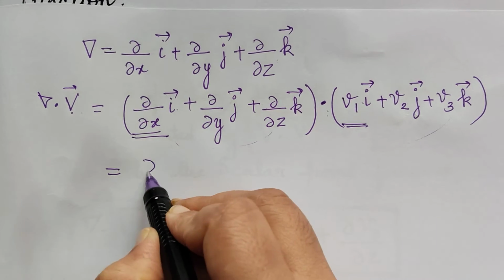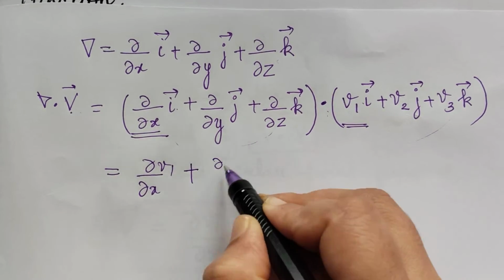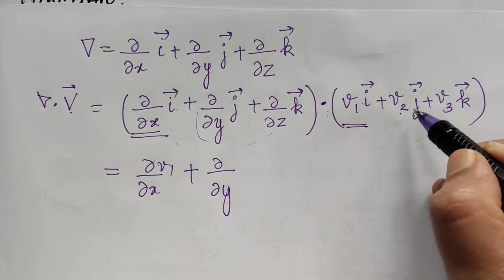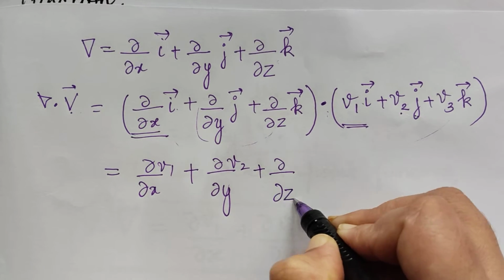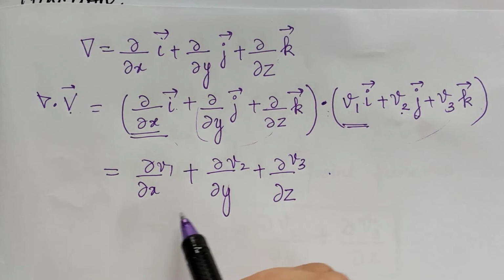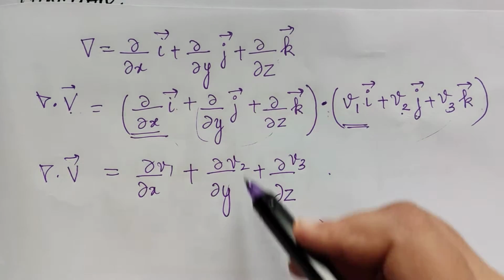So it will be dou by dou x of v1 plus dou by dou y of the j component, which is v2, plus dou by dou z of the k component, which is v3. So therefore nabla dot v vector is given by this. This is how we have got it.